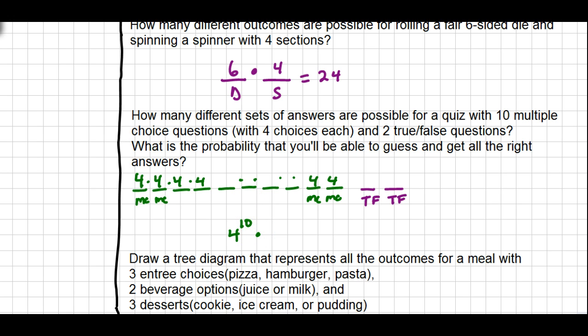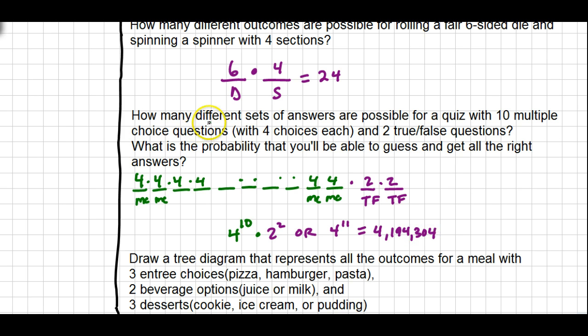When you do true false, those only have two options. So I'd multiply by 2 squared. Or you could say here that you're doing 4 to the 11th, because 2 squared is 4. 4 to the 10th times an additional 4 would be the same thing as doing 4 to the 11th. 4 to the 11th is 4,194,304.